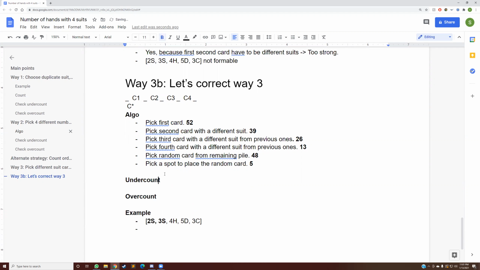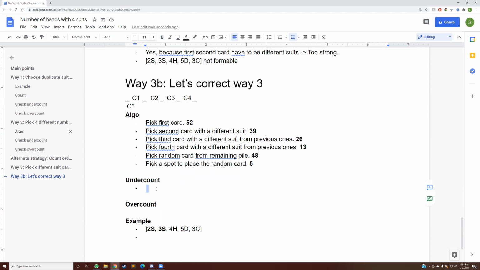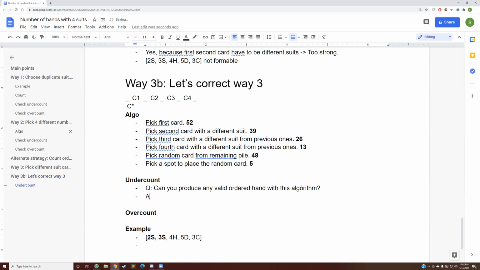Is this an undercount? Can you produce any valid ordered hand with this algorithm? I think I cannot, but I'm not sure.